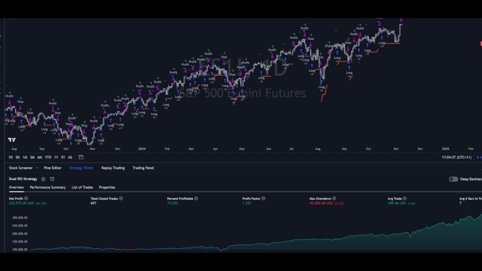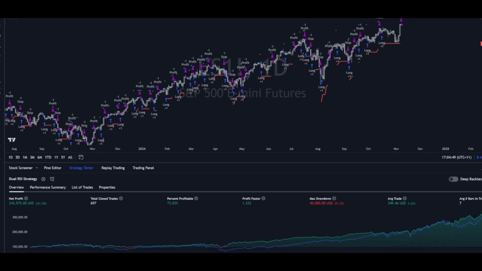And we've got an average trade there of just under $350, with the average trade length about 7 days. You can see here when we apply the buy and hold, which is the blue line, that our equity curve has basically outperformed for almost the entire time, but it has outperformed over the lifespan of the strategy.